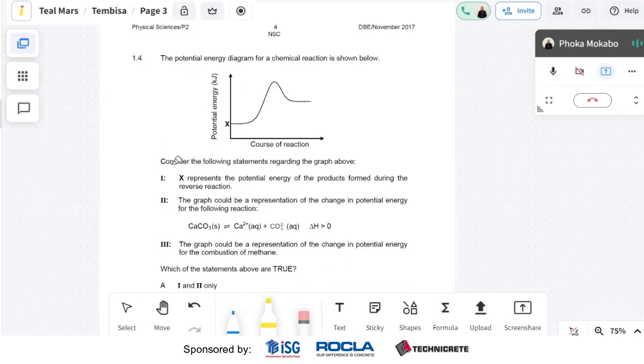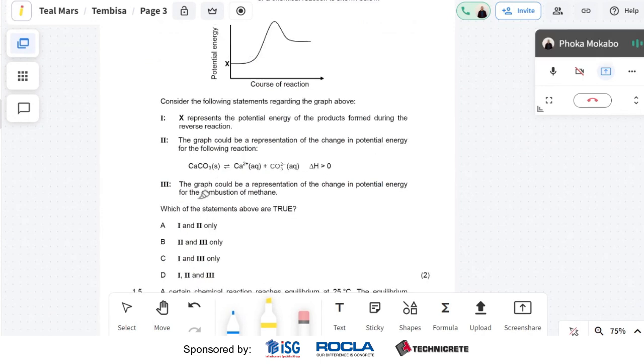Okay, now the question says, consider the following statements about the graph above. All right, and we are meant to figure out which statements above are true. Okay, and by the looks of things, it's going to be more than one statement that is true.